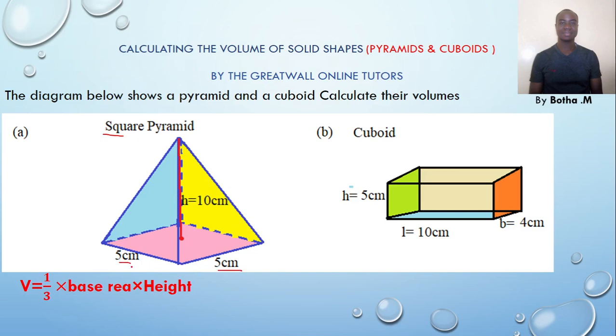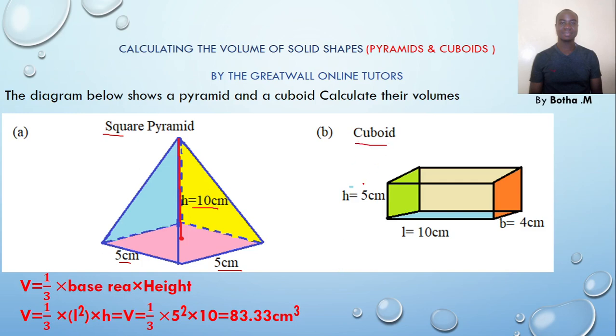So we are going to calculate the area of this square, which is the base area, and simply multiply by the height, which is 10 centimeters, to get the volume of this pyramid, but not forgetting to multiply by 1/3. So if we do that, we are going to get 83.33 centimeters cubed.